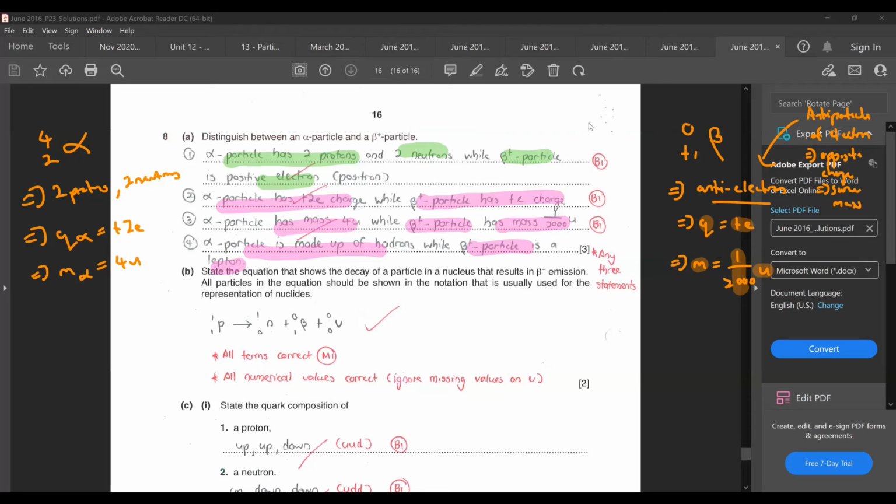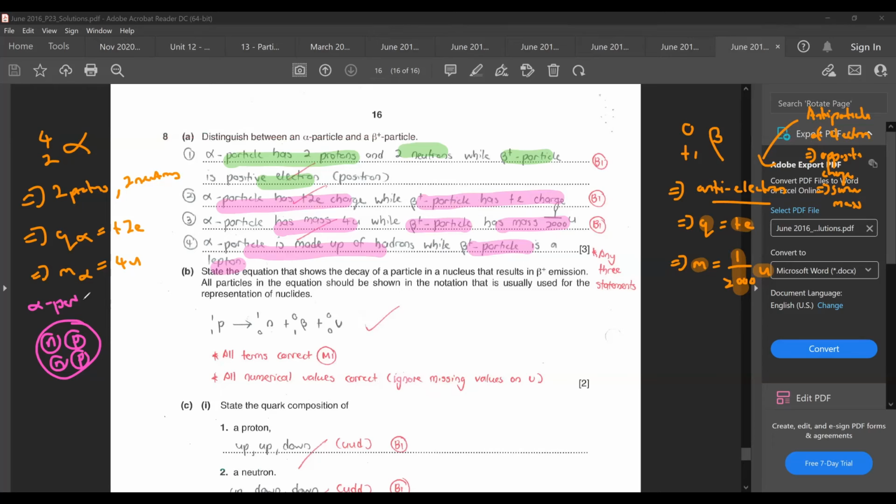Yeah, this one I think better I just write it as this. Your alpha particle has 2 neutrons, 2 protons. Okay, so this is your helium alpha particle.